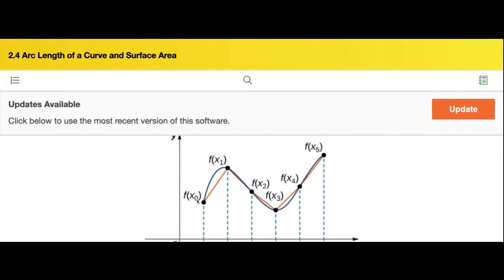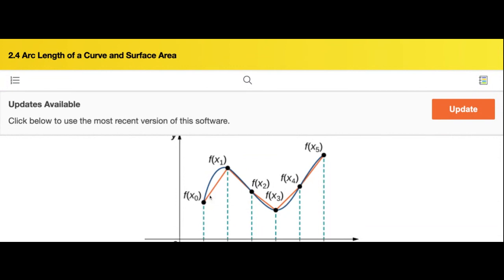Each one, from x naught to x1, the arc length we can approximate as the hypotenuse of a right triangle. So we take the square root of delta x squared plus delta y squared. We do the same thing for each piece, so on and so forth.